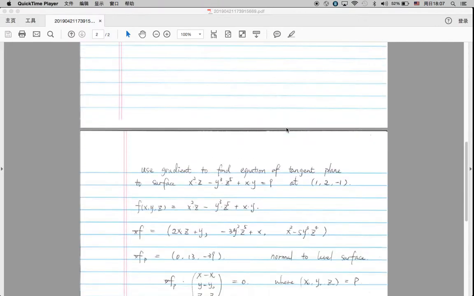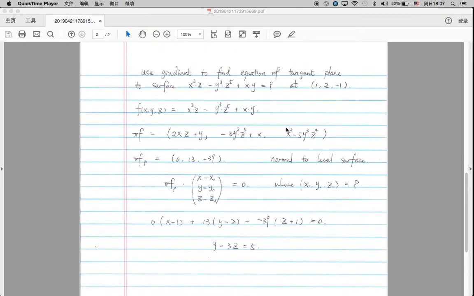And also with the gradient, we can calculate the tangent plane at a point. Let's say we have a question to use the gradient to find the equation of the tangent plane to this surface. This surface is actually a level surface of this function here. The function is actually four-dimensional, but if we set it equal to 9, we get a level surface.